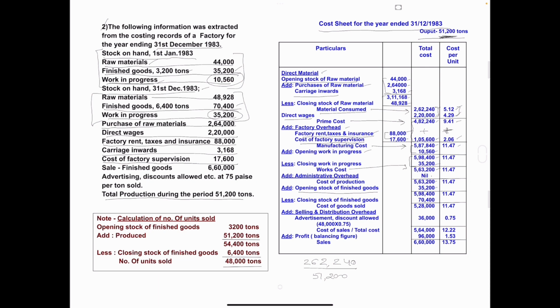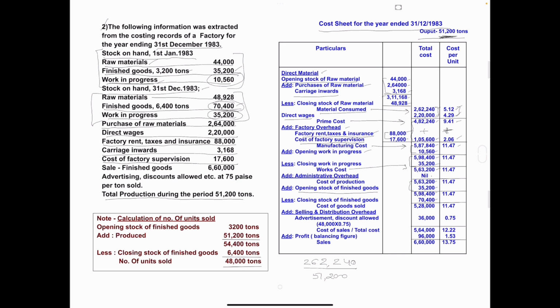We have to take the amount, not the quantity. Add these two, 5,63,200 plus 35,200, and the amount is 5,98,400. Less closing stock of finished goods, amount is 70,400.